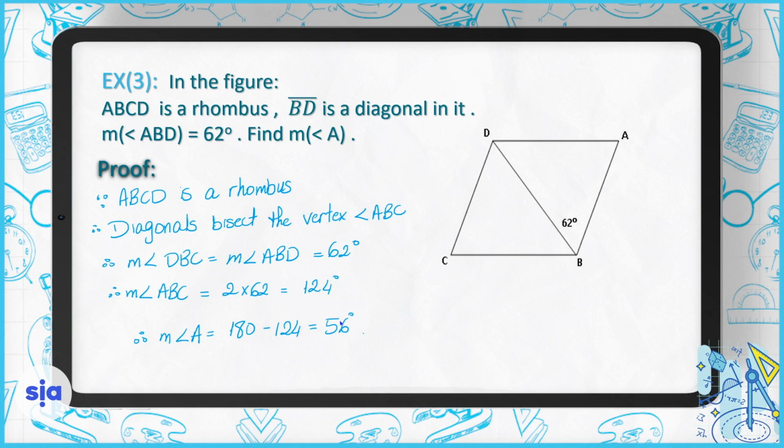Therefore, the measure of angle DBC is equal to the measure of angle ABD, which is equal to 62 degrees. Therefore, the measure of angle ABC is 2 times 62, which is 124 degrees. Therefore, the measure of angle A is 180 minus 124, which is 56 degrees.